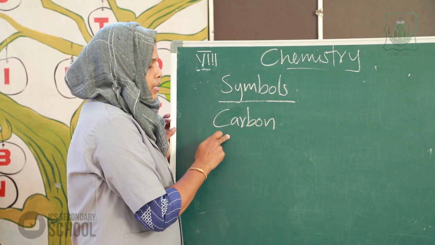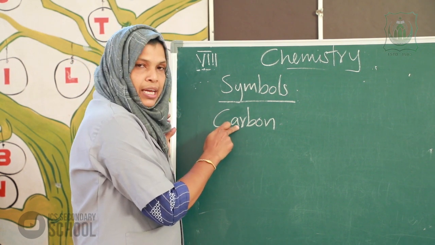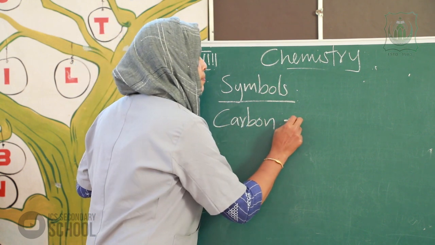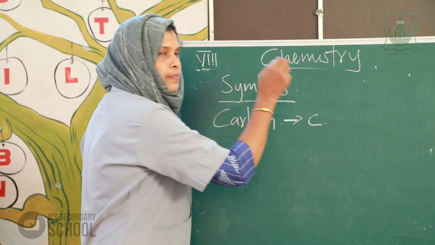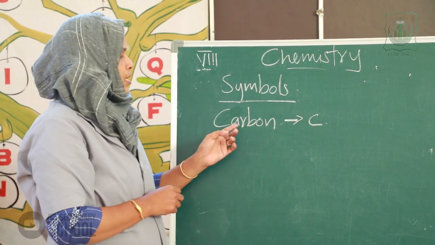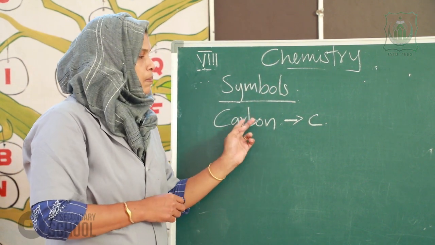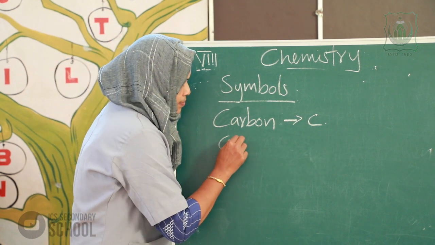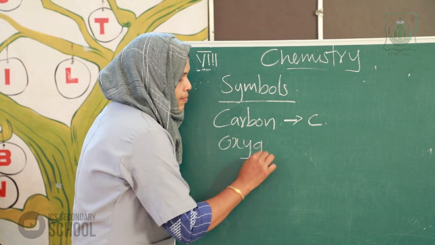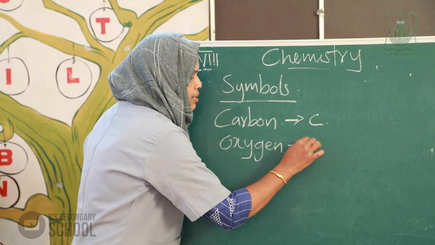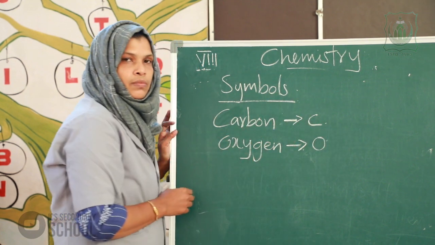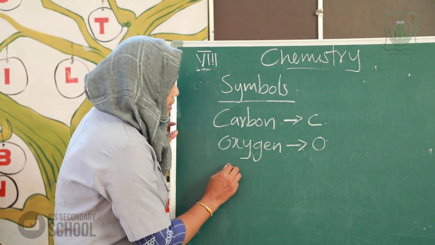We can represent this carbon using symbols. The element carbon symbol is C. Next one, oxygen. Oxygen, symbol O. Next one, nitrogen.